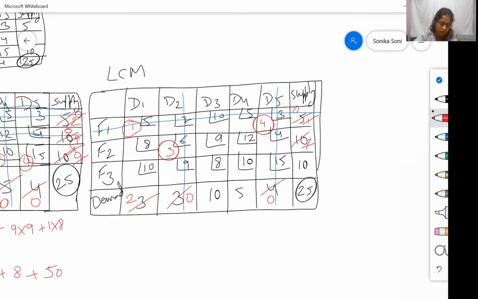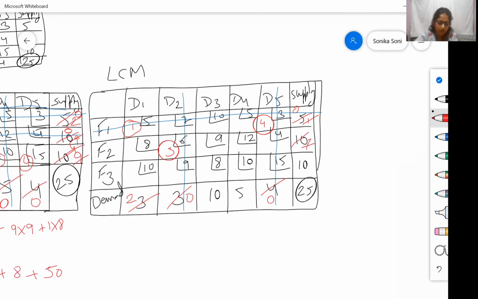Next, the lowest cost is 8, but we have two 8s here. Which one can be allocated more? We can allocate more in F3D3, where we have 10 as demand and 10 as supply, because in F2D1 we have only 2 demand and 7 supply, so we can allocate only 2.